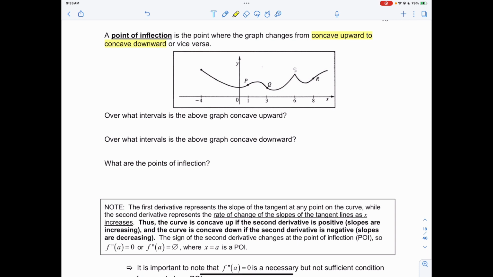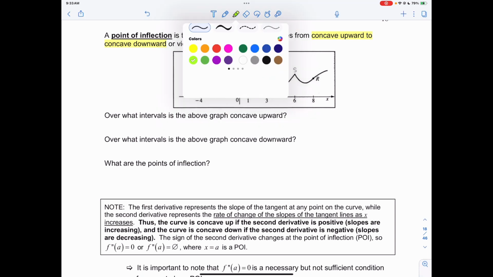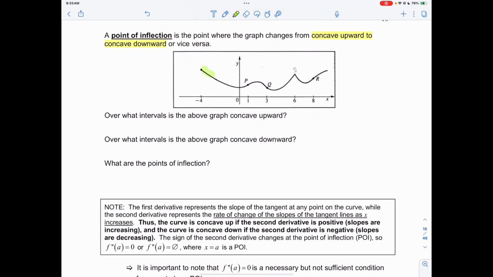So if we look at what we have here, then we start off with it curving up or being concave up from the starting point up until we hit point P. Then it is concave up again from Q to S, and it's concave up again from S to R. Between P and Q, it is concave down, and after R, it is concave down again. I know it mostly looks straight, but it is definitely concave down in this section.